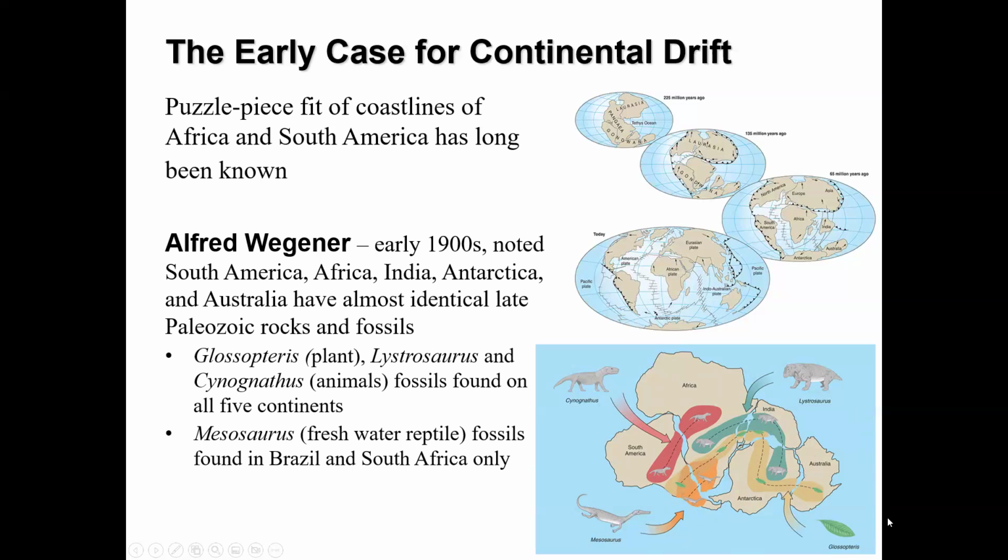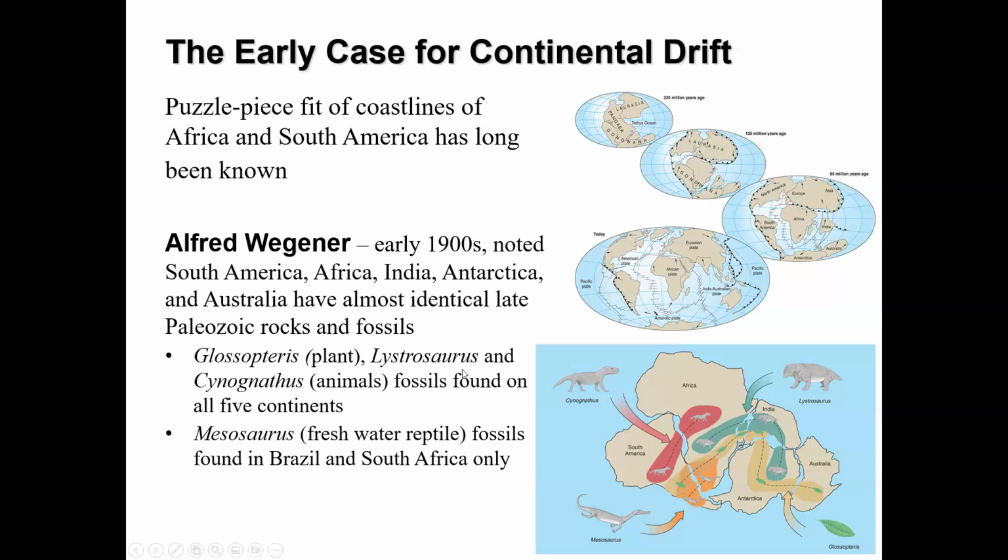So we look at Glossopteris here, this tree fern right here. We can see that we actually find fossils of Glossopteris across South America, Africa, India, Antarctica, and Australia. So it's across all five of those continents, of those land masses.